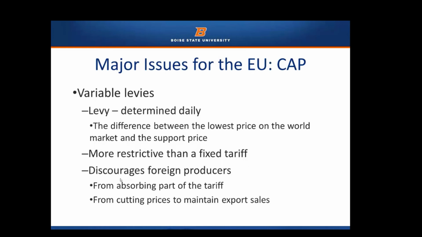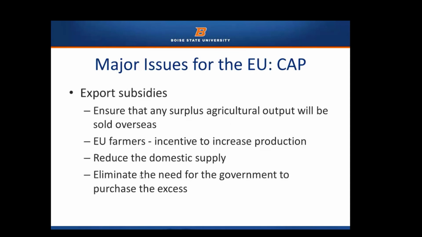And let's encourage domestic production rather than foreign production. Export subsidies, we mentioned briefly. So if it's not consumed domestically, it'll be sold overseas, and we'll provide some export subsidies, but we will coordinate the level of those subsidies amongst our members.